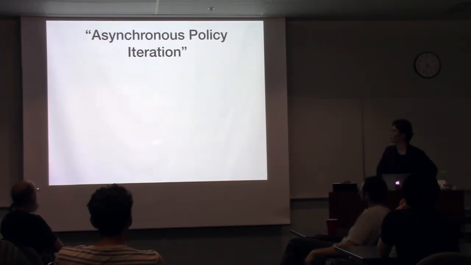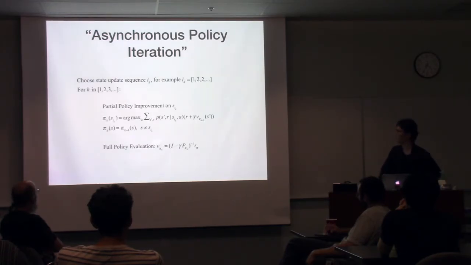So asynchronous policy iteration, some people refer to this method as the generalized policy iteration defined in Rich's book. Here I give it a quotation mark, which means that it's actually not generalized policy iteration. So what does it mean? In my definition, it means that you do partial policy improvement on some state. You randomly choose this state, and you do full policy evaluation.